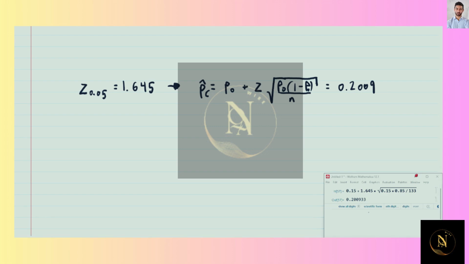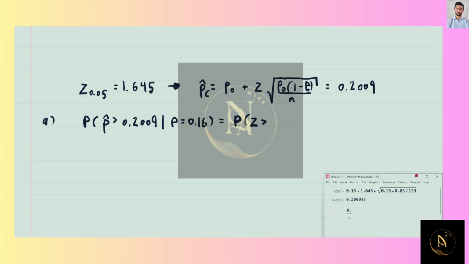Now that we have that, for part A, we're looking for the probability of getting a sample proportion greater than 0.2009, given that the population proportion is actually equal to 0.16. So our first step is going to be to figure out the z-score for that critical proportion when p is actually 0.16 rather than 0.15.